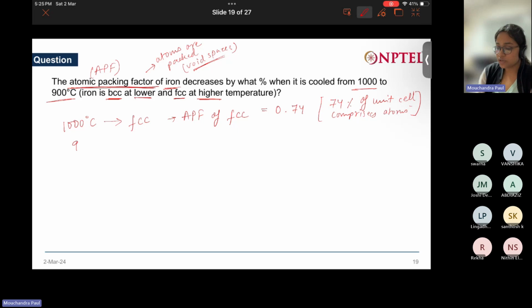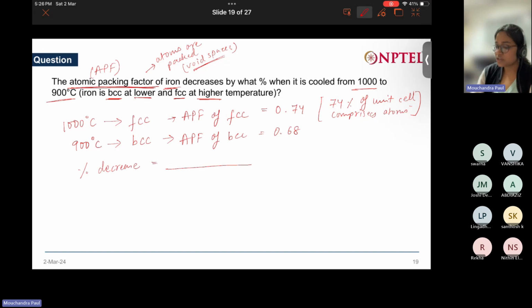Whereas when it is cooled to 900 degrees Celsius, the iron transforms its crystal structure to contain BCC type of unit cell, and for that, the atomic packing factor is 0.68. Now you have to just calculate the percentage decrease. Simple, right?